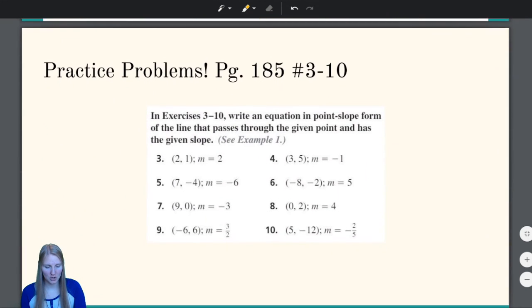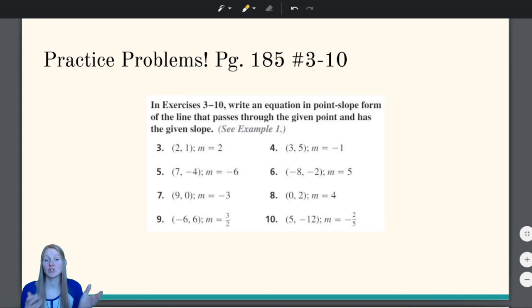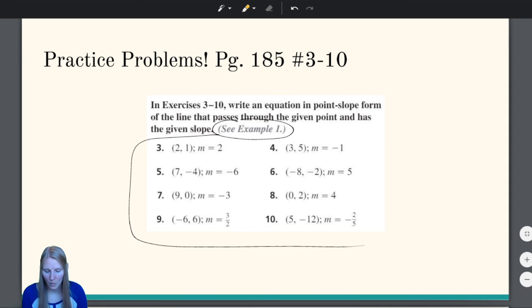Let's show you the practice problems that you can do to practice the skills that you have learned in this video. So now these problems are like example 1. In the second example that we did, we just took point slope form and we changed it to slope intercept form.